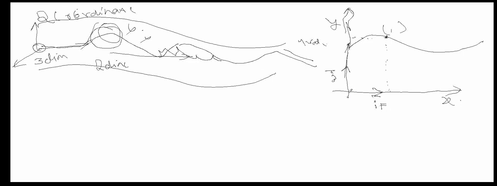The positional vector is going to give us the position of any point in a plane. This position vector is nothing but a line from the origin to that point. That is the positional vector, which represents the position of a point.